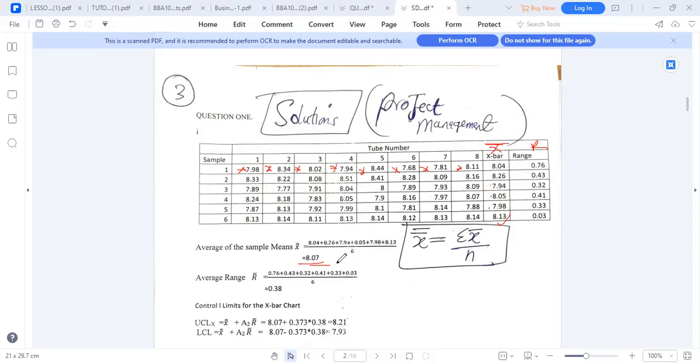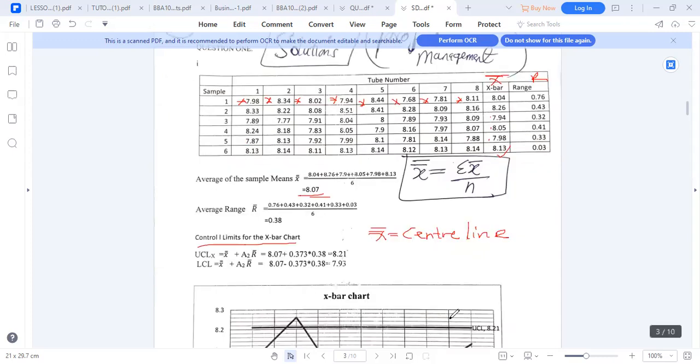X bar 2, 8.07. So when getting down to the control charts, the X bar 2 is the center line. So this is our center line. Then what else?